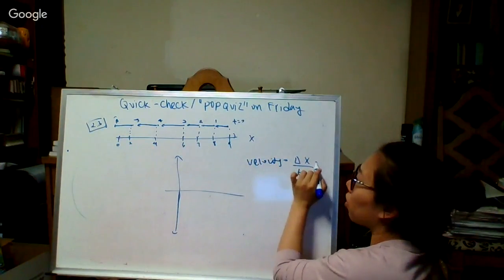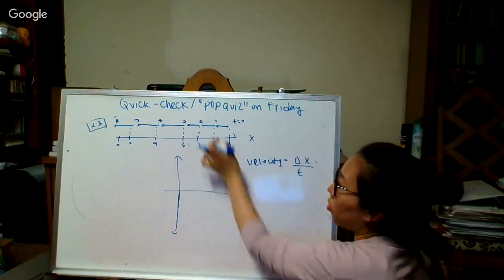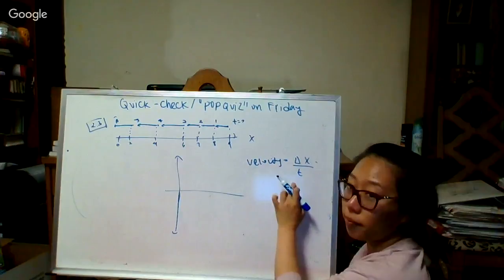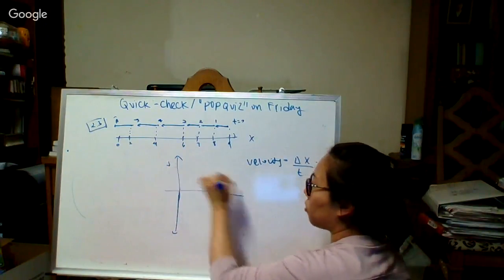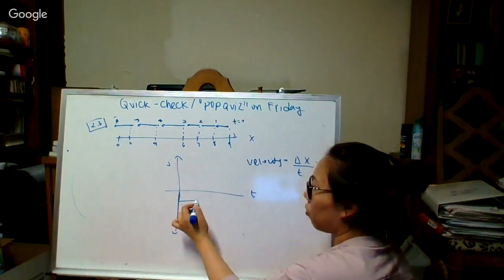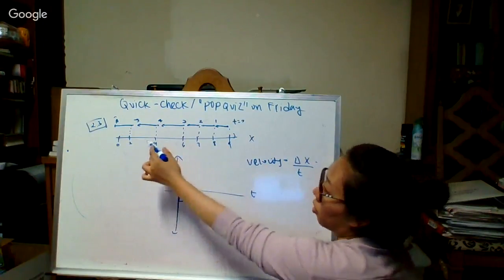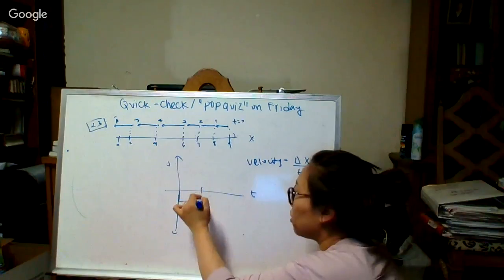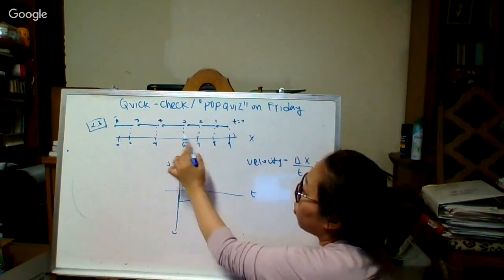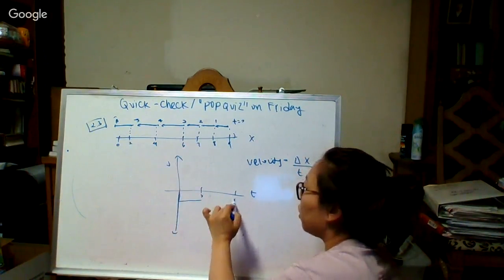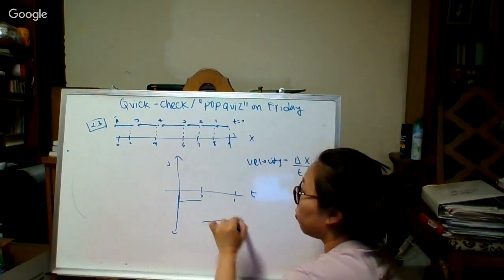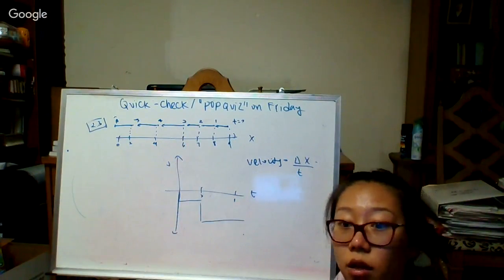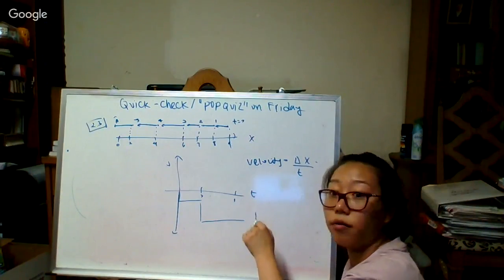If the displacement is bigger, velocity will be bigger. Here the displacement is smaller over time, so in your velocity versus time graph it will be smaller until 3 seconds. From 3 seconds to 6 seconds it's going to be larger because the distance is bigger. So it'll look like that, which gives you the answer of D.